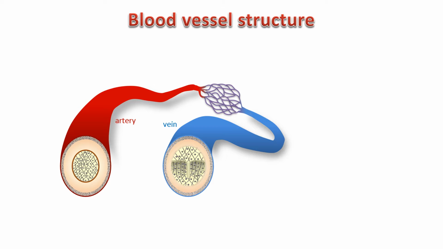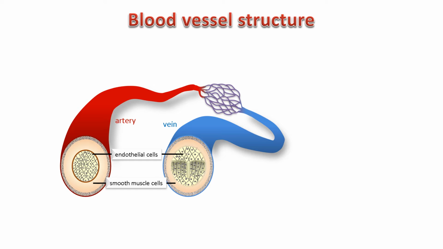Arteries and veins share a similar structure, but with some differences. The walls of the vessels are made up of 3 cell layers. All blood vessels are lined by a monolayer of endothelial cells, known as the tunica intima. The endothelial layer is surrounded by smooth muscle cells, which wrap circumferentially around the vessel.